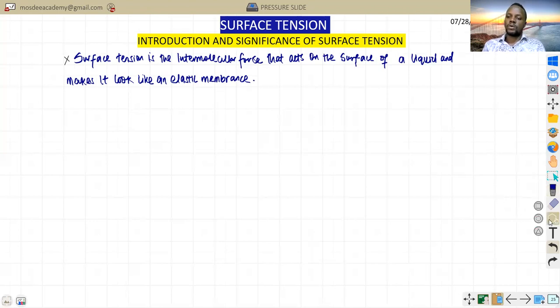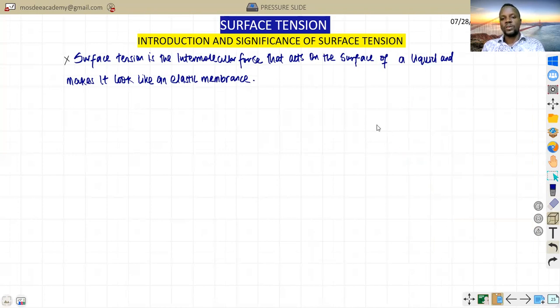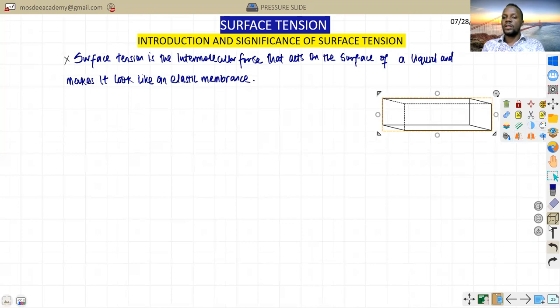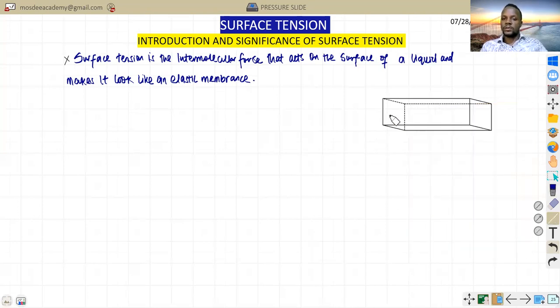Inside that box, we are going to fill the box with liquid to a particular level, let's say up to the highest level. Permit my diagram not being drawn to scale. This is a box or a cube, anyhow you want to call it, which is filled with water.